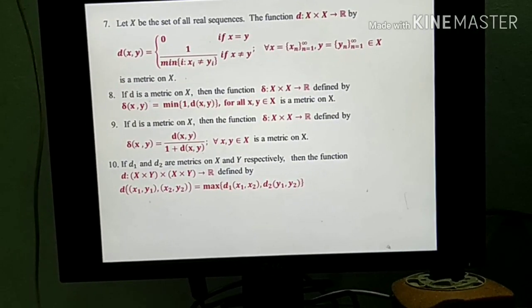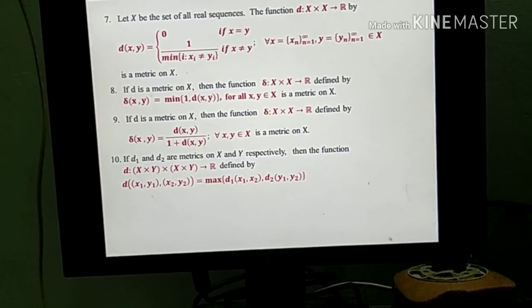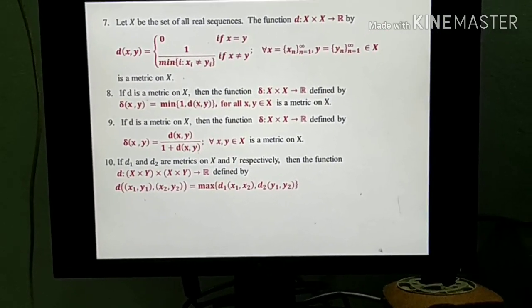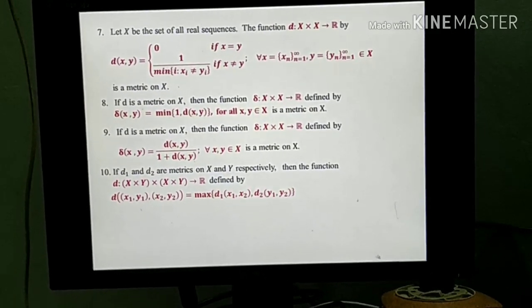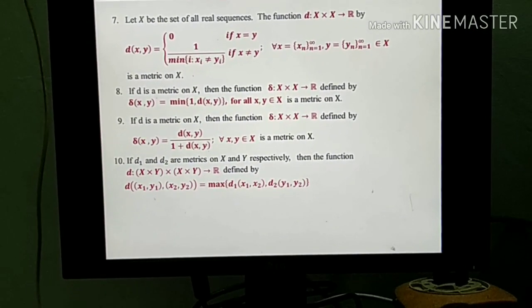So d is equal to 0 if and only if both ordered pairs are equal, and therefore the identity property is satisfied by d.